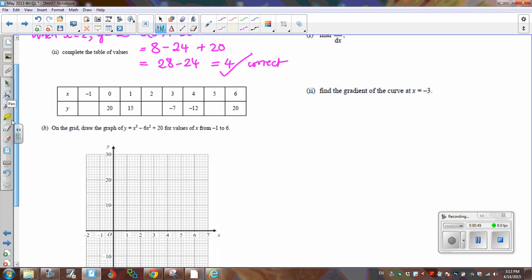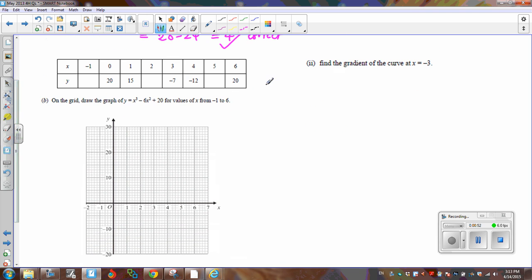Okay, next thing you need to do here is complete a table of values. Best way to do that is to use the table function on your calculator. So use your calculator and you need to press mode, and then you need to choose table.